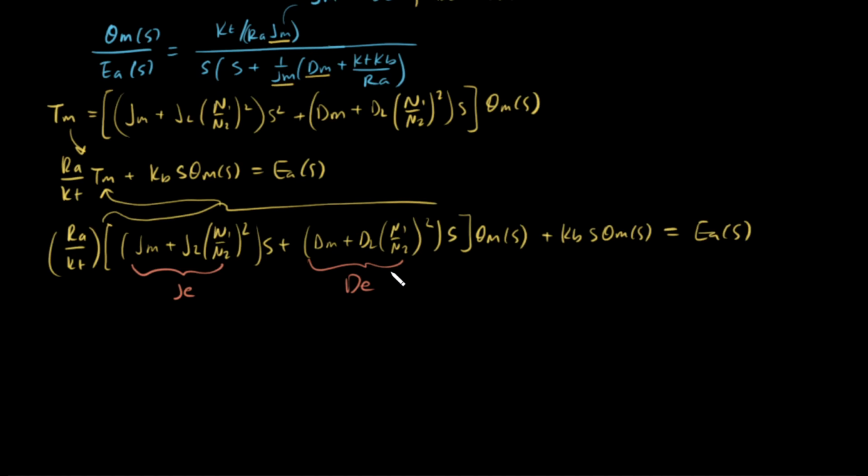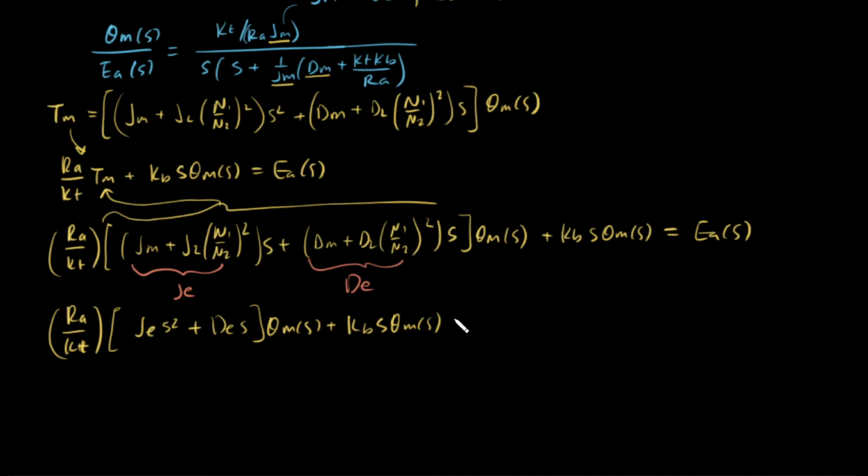So then we get an expression here, which is just RA over KT times (JE s squared plus DE s) times theta M of S plus KB S theta M of S equal to EA.